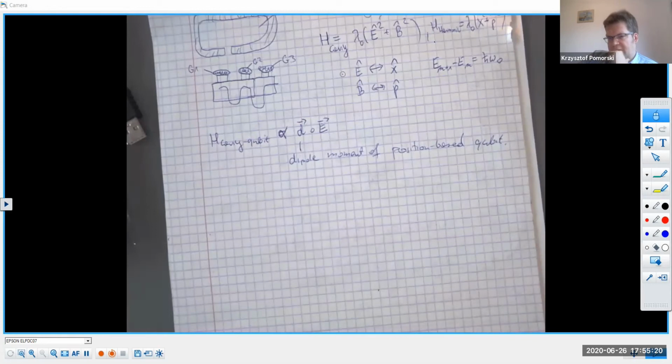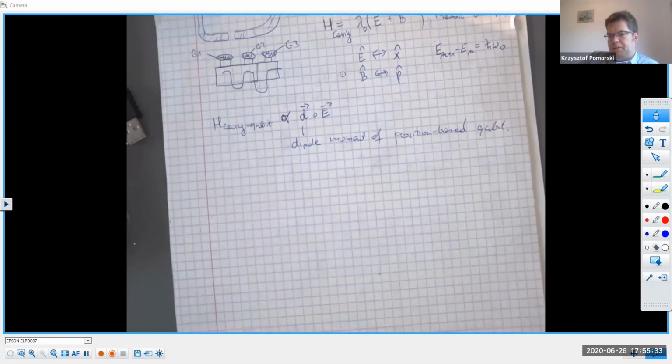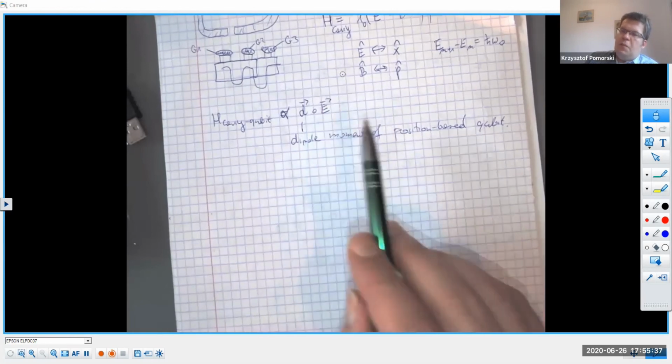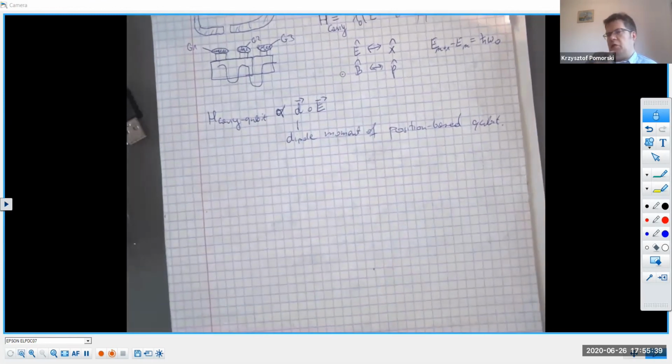So obviously we consider the most simple case. We consider the case where there's no dissipation in the cavity. There's no dissipation in the position-based qubit.